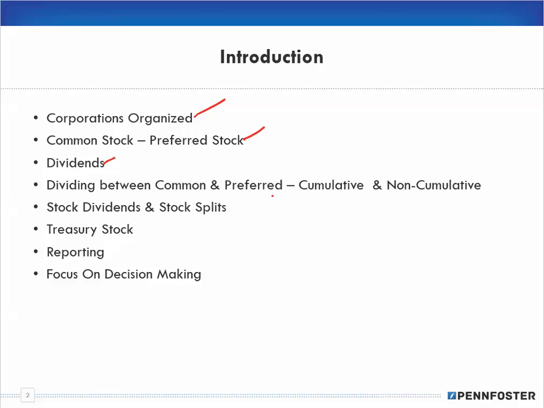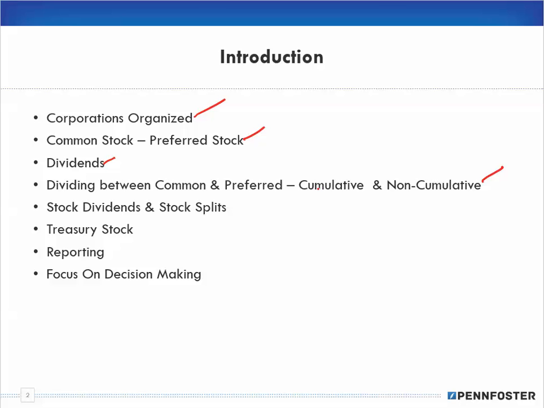And then we'll talk about dividing the dividends between common and preferred, and the concepts of cumulative and non-cumulative. This is probably the most complicated aspect of the entire chapter, because you do have to do some calculations or figuring out, and it all depends.